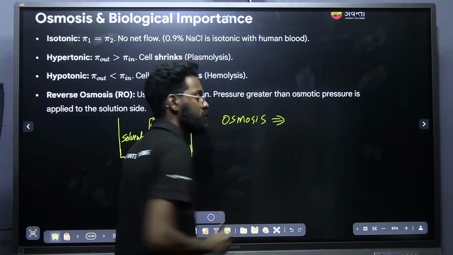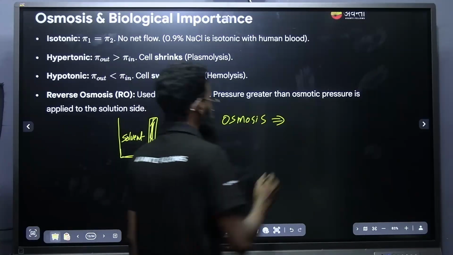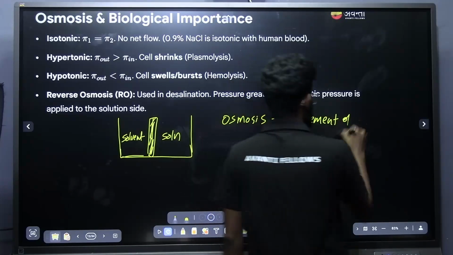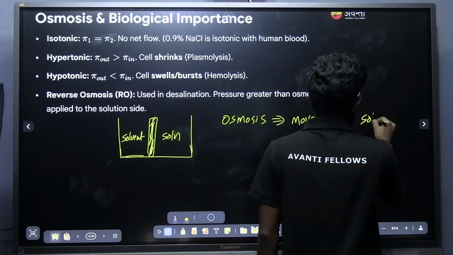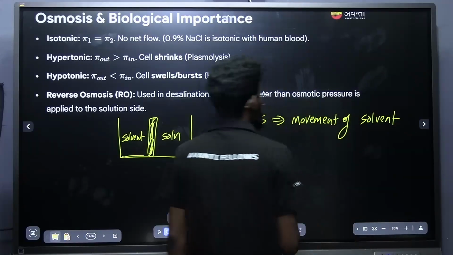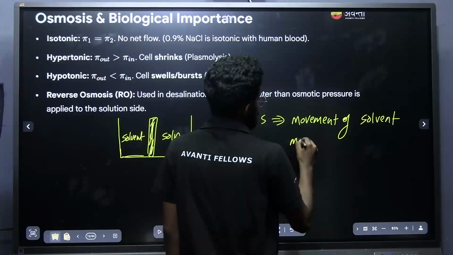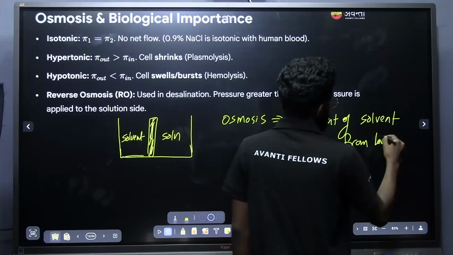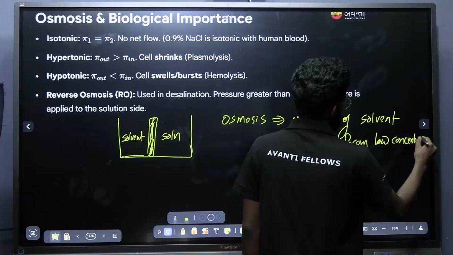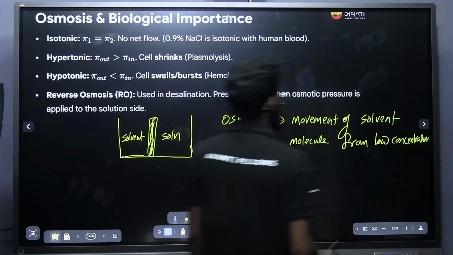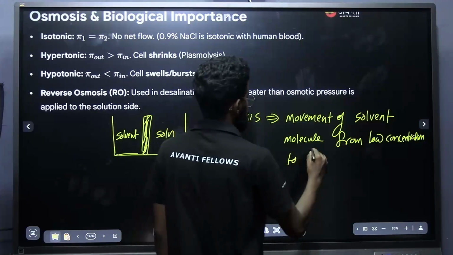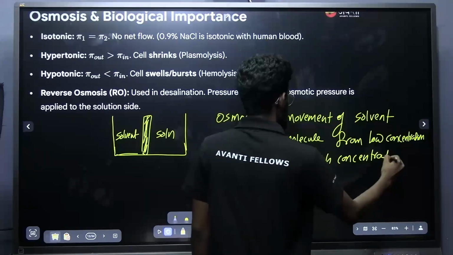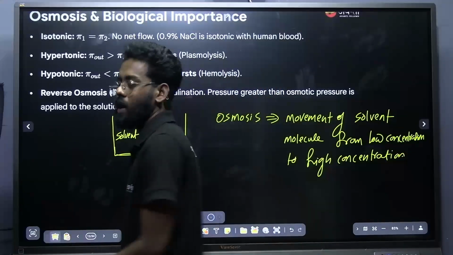If I go into the definition of osmosis, I can say that osmosis is the movement of solvent molecules from low concentration to high concentration.